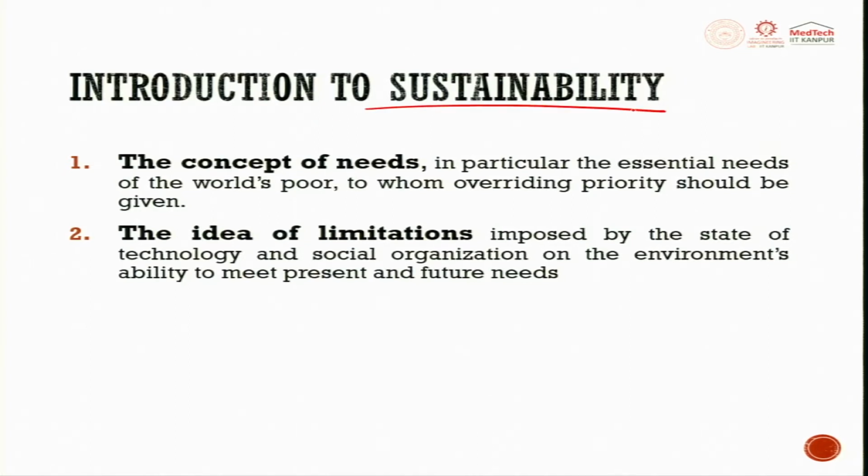The concept of needs, in particular essential needs of the world's poor, to whom overriding priority should be given. The idea of limitations, that is the resources that we have right now, whatever is available on the earth, we call it Mother Earth. There are 5 M's in manufacturing: man, material, money, management, marketing. There is now a sixth M, that is Mother Earth.